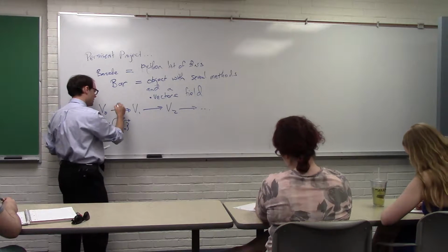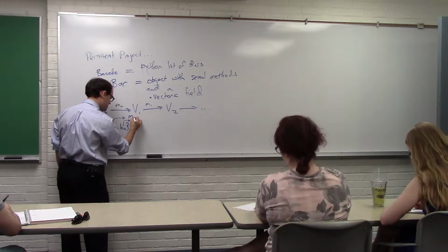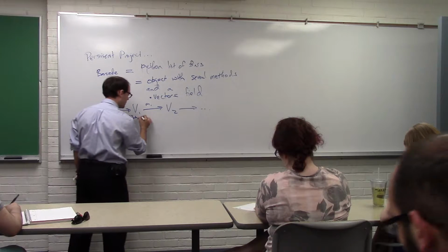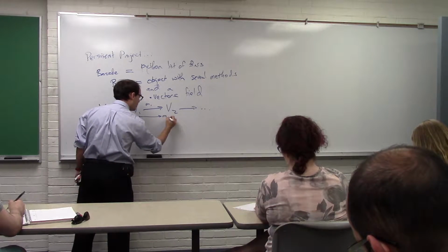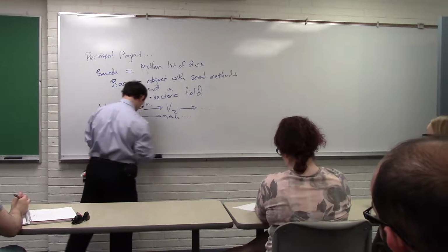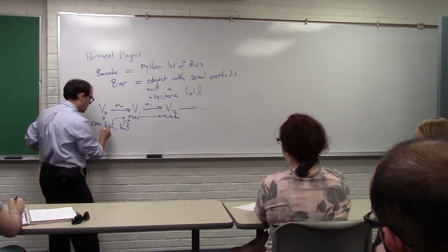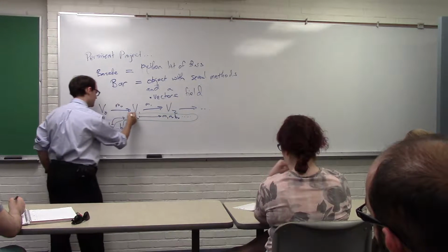If I call these maps M0, M1, then B0 is going to map to M0 B0, and that's going to map to M1 M0 B0, etc. So a single bar object is tracking this history.